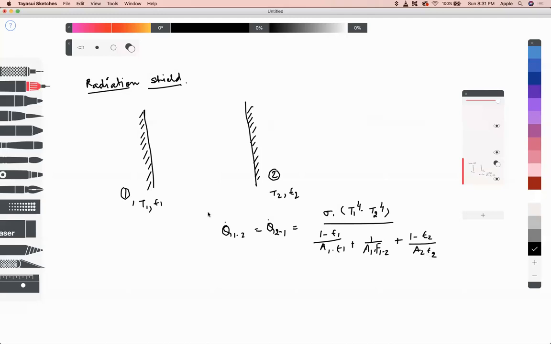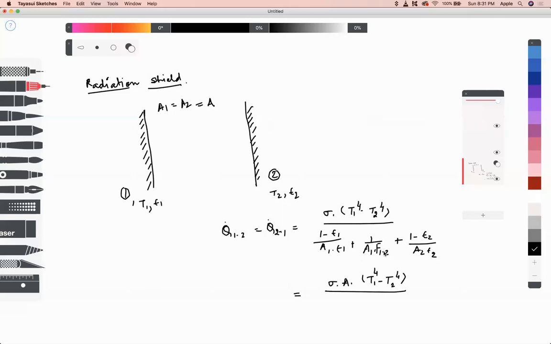Now here you see, since they are infinitely long parallel plates, A1 will be equal to A2, first thing. So we can just take A1 common, A1 equals A2 equals A, and we can take it on the top: sigma A, T1 to the power 4 minus T2 to the power 4.